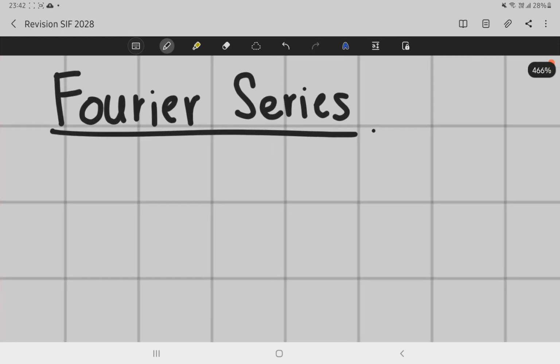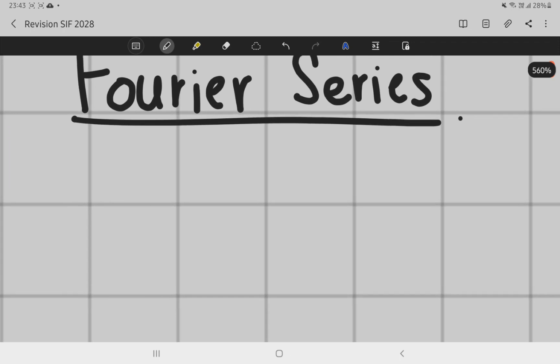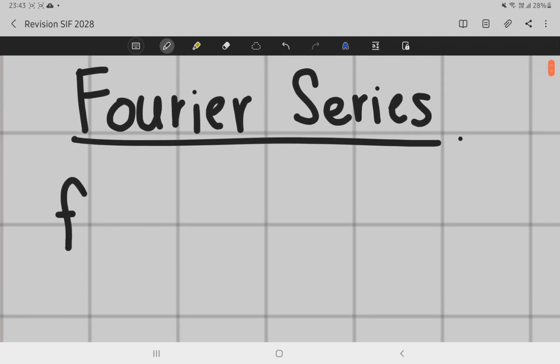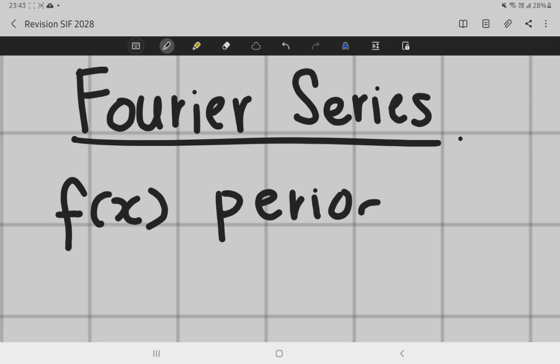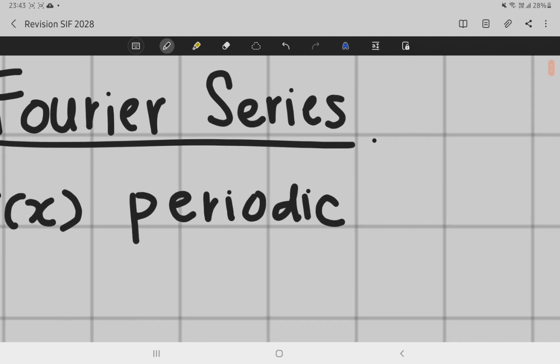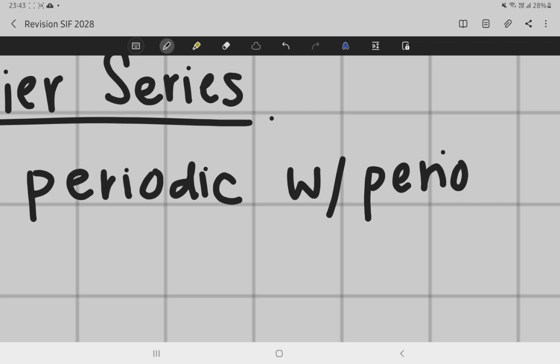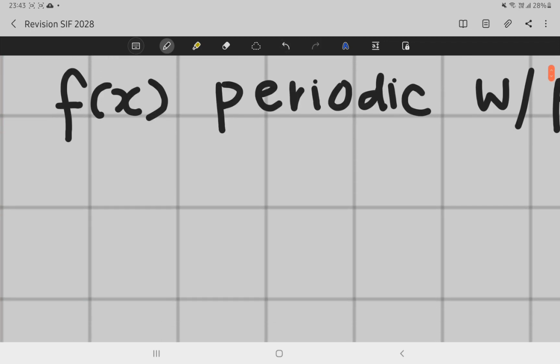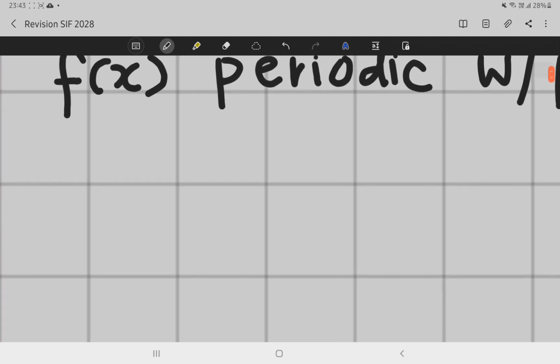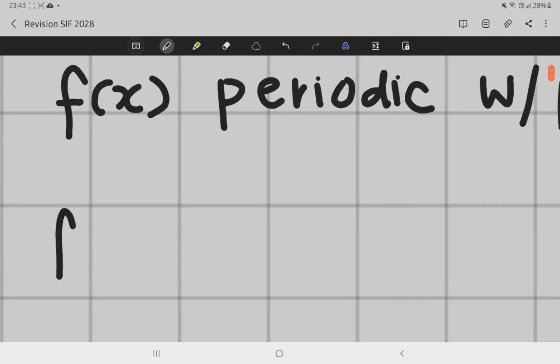So it's an ordinary series where, for a periodic function f of x, for example, let f of x be periodic with period T, then we can represent f of x as a Fourier series like this.